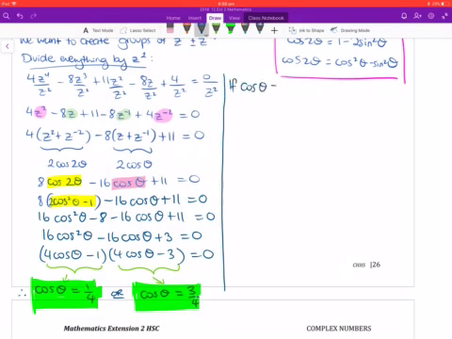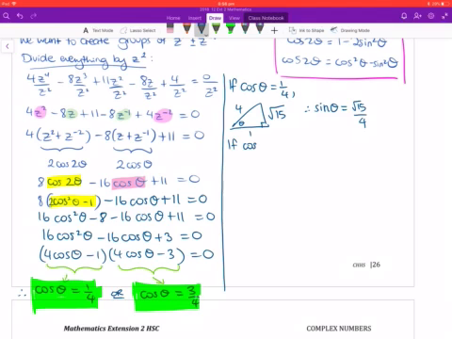So if cos theta equals 1/4, if you draw up your right angle triangle, adjacent is 1, hypotenuse is 4, so this side's going to have to be root 15. Therefore sine theta, opposite over hypotenuse, is root 15 on 4.